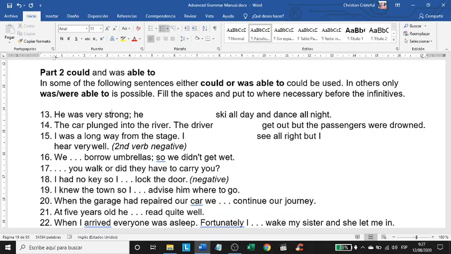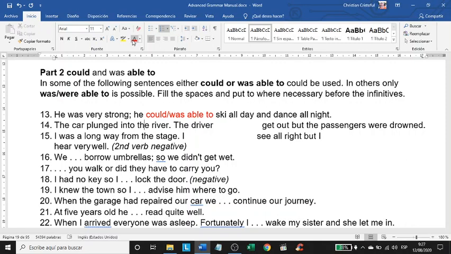He was very strong. He could ski all day and dance all night. That makes sense. Can we say he was able to ski all day and dance all night too? Yes, we can. So both of them are possible. It doesn't make any difference in meaning.